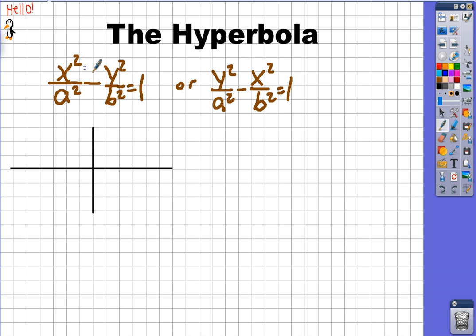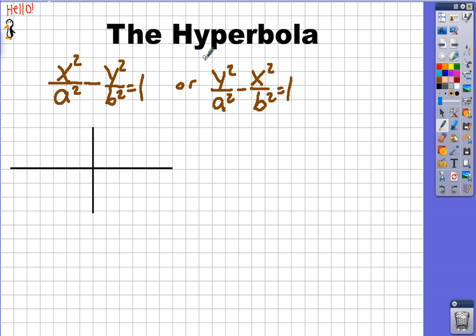It's x squared or y squared that's first that's now different, and that has to do with the minus sign being there. So here's how you determine whether you're vertically oriented or horizontally oriented. It has to do with who's first, x squared or y squared. We're going to get to that in just a moment.